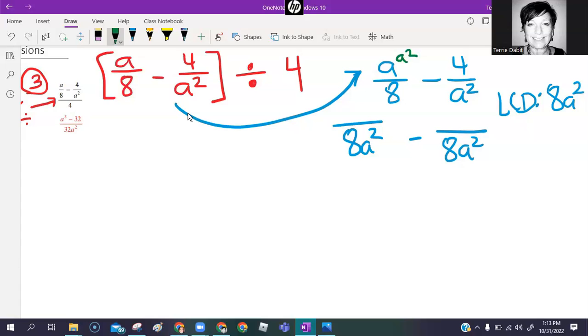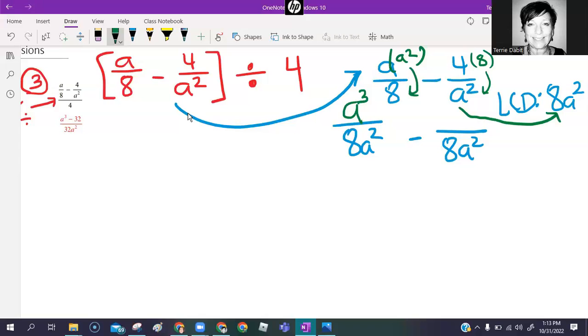So if I multiply a times a squared, I get a to the third. Okay, then I look at the second one and I compare the a squared to my LCD. It looks to me like I'm missing an 8. You got to think about what am I missing down here in relation to that LCD.